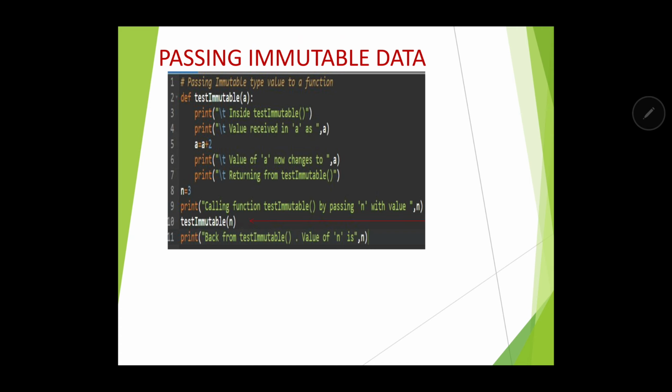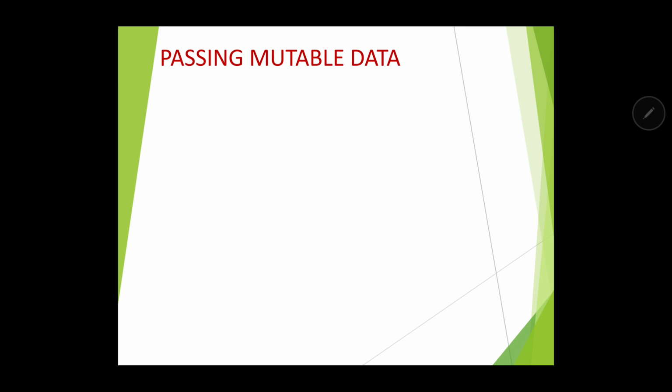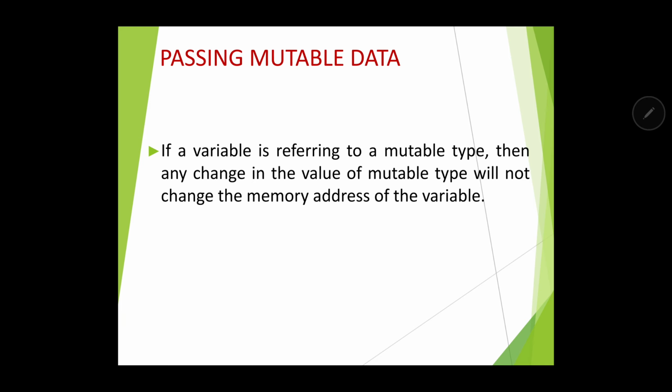Here n is an integer and it is copied to the variable a. Since it is immutable, the changes are not reflected back to the original function, and this is the output. Next we will go to passing mutable data.